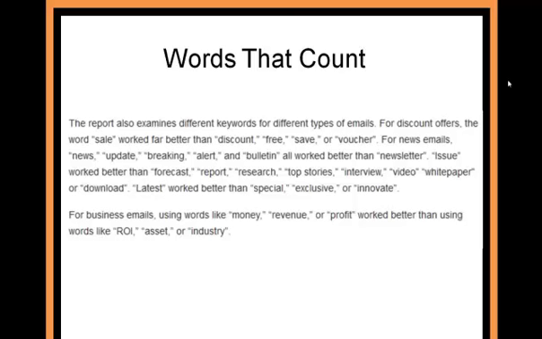For news emails, news, update, breaking, alert, and bulletin all worked better than newsletter. Issue worked better than forecast, report, research, top stories, interview, video, white paper, or download. Latest worked better than special, exclusive, or innovate. For business emails, using words like money, revenue, or profit worked better than using words like ROI, asset, or industry.